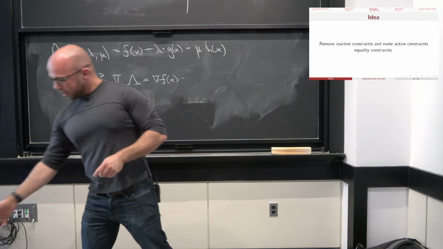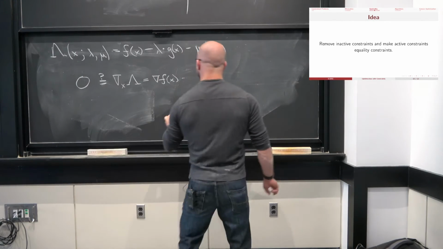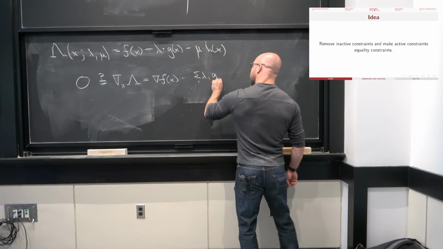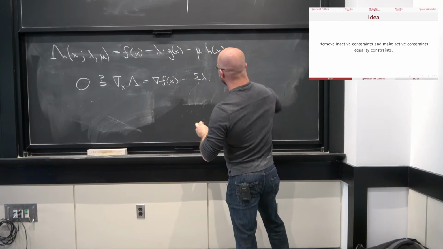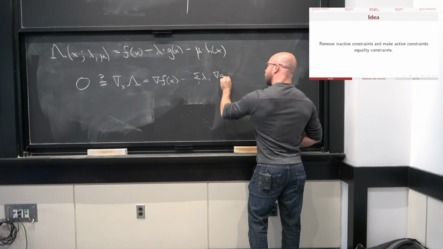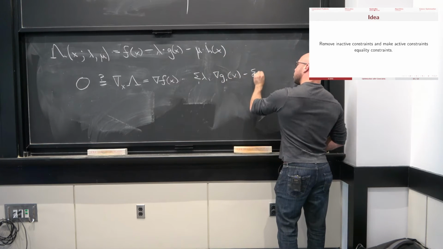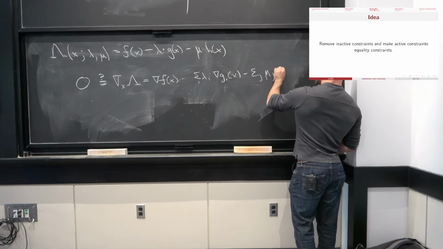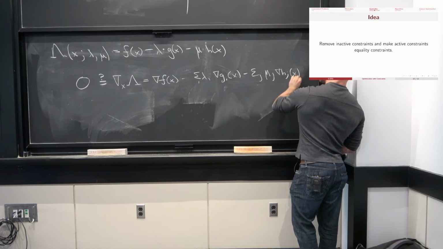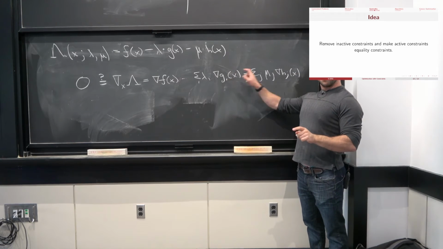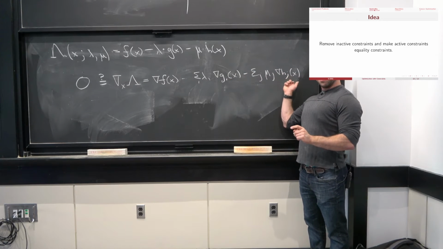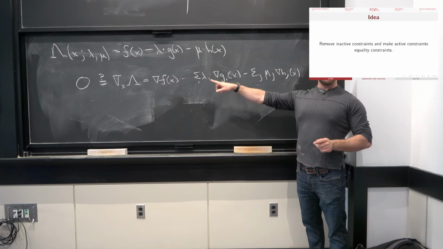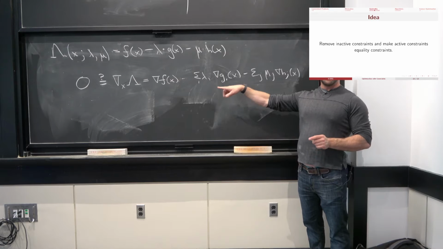So in particular, this is going to be minus the sum over i of lambda i grad g i of x, minus the sum over j of mu j grad h j of x. And again, I'm going to try to be careful to use i's to index the equality constraints and j's to index the inequality ones. So there's a question mark there because it's certainly not true that it's a critical point.